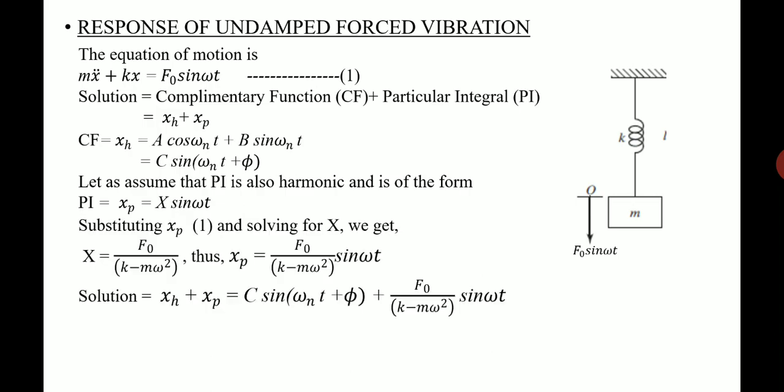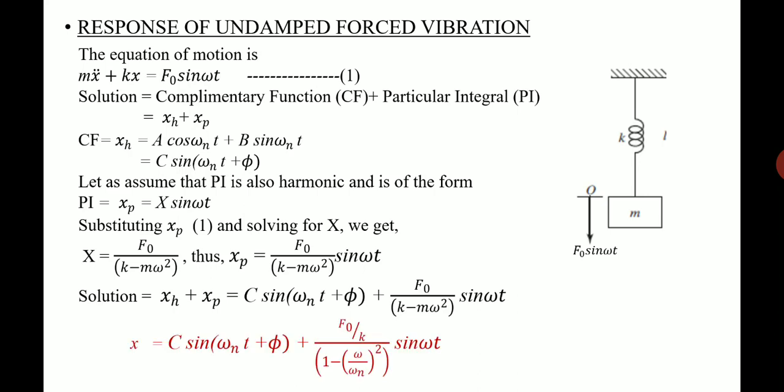So the total solution, the general solution of this equation, is equal to xh plus xp, that is complementary function plus particular integral. So the whole equation will be of the form c sin(omega nt plus phi) plus f0 by (k minus m omega square) into sin omega t.